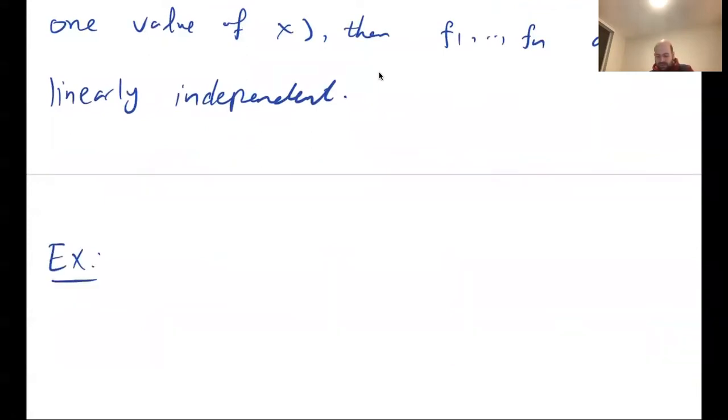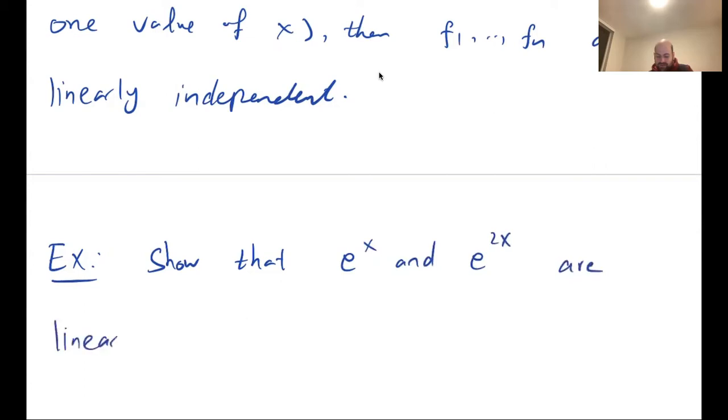Let's say show that e to the x and e to the 2x are linearly independent. So right now we have two functions which are differentiable of any order, e to the x and e to the 2x, both of them exponential functions.